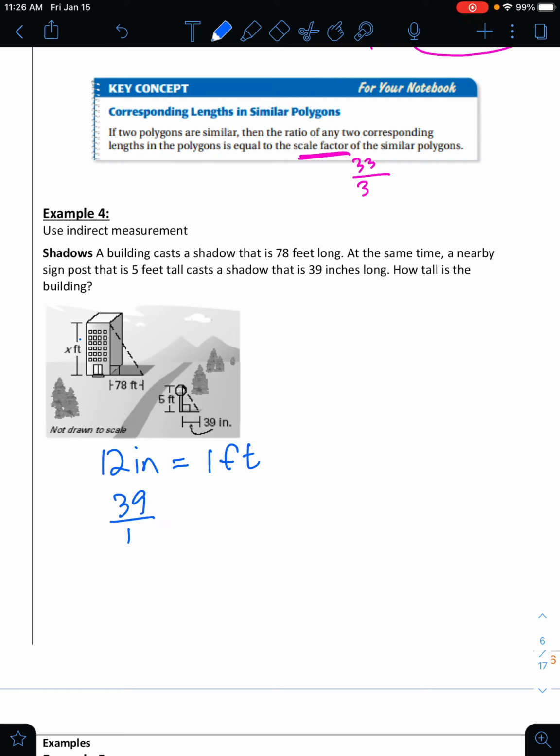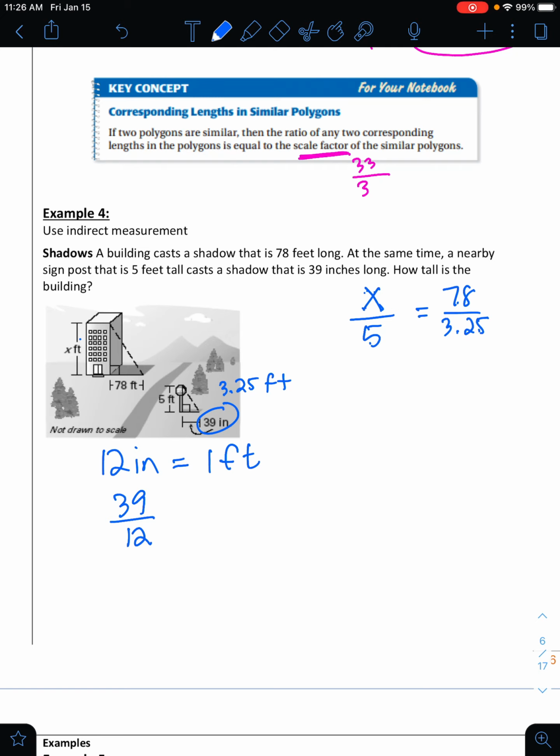That's going to give me feet. So 39 divided by 12 is 3.25. So I'm going to change this into 3.25 feet. Now I'm going to do my proportion here. So I'm going to say x over 5 equals 78 over 3.25.